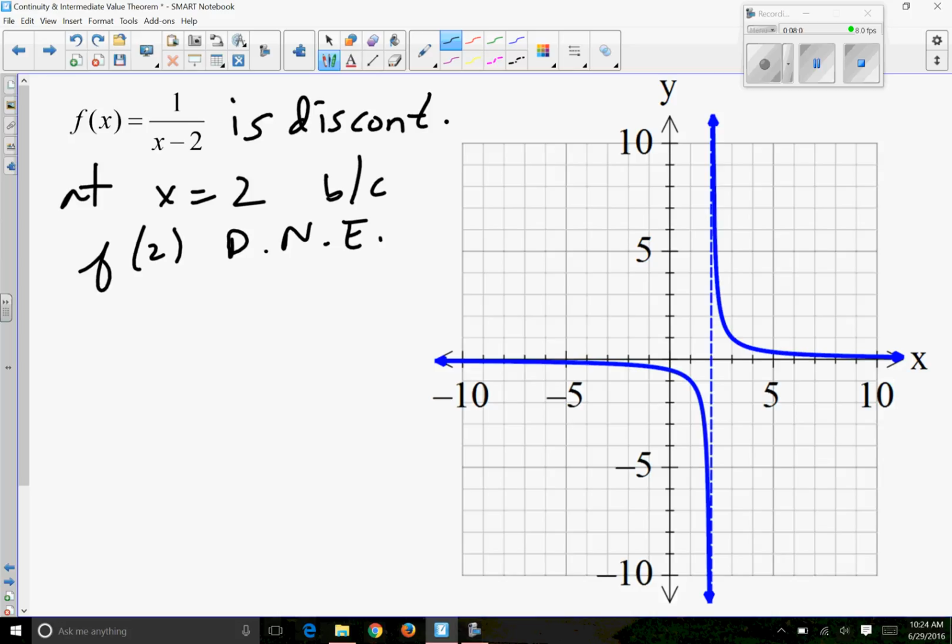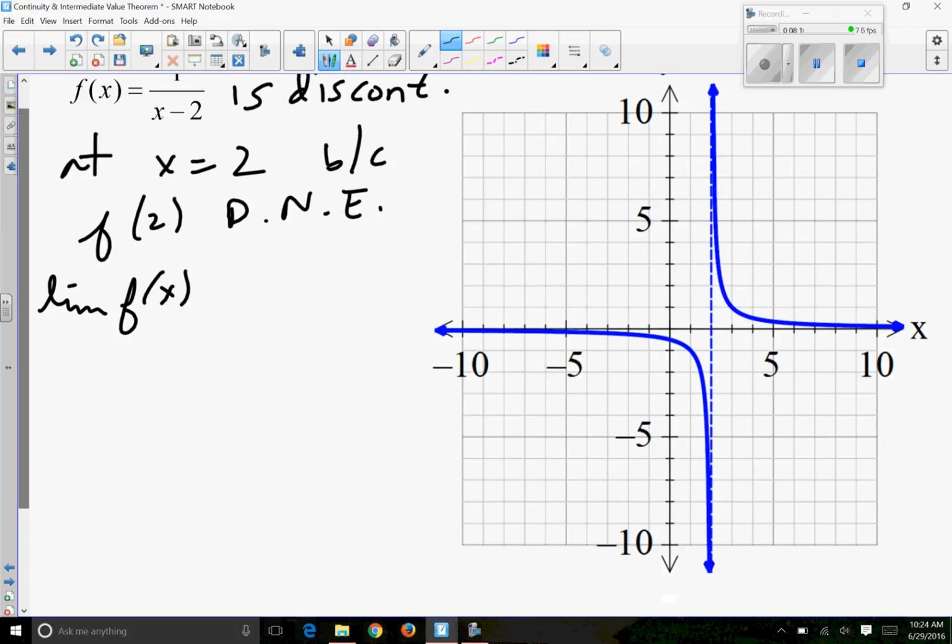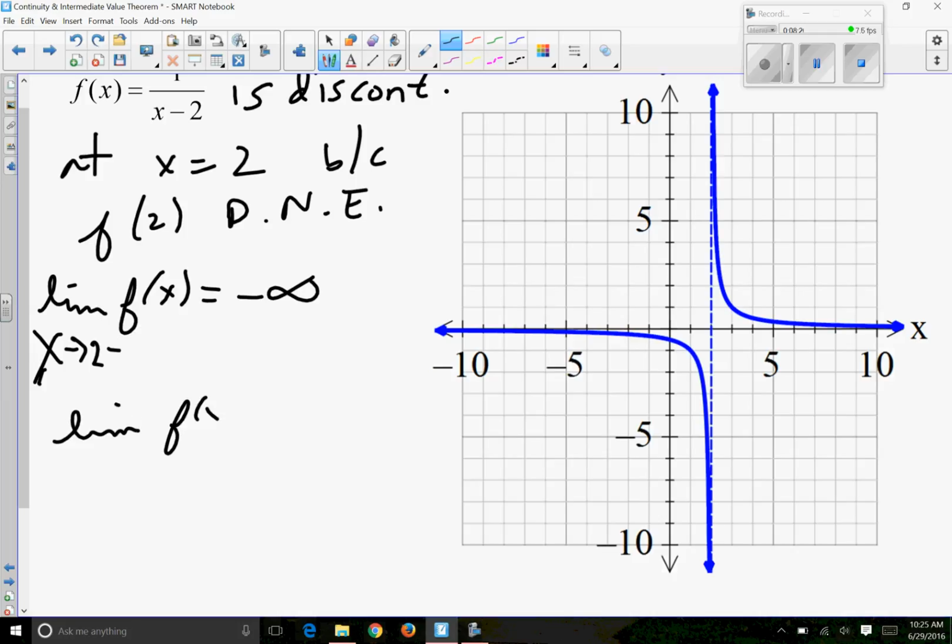It is also not possible to remove the discontinuity because the limit of this function as x approaches 2 from the left, you can see, is -infinity. And the limit of this function as x approaches 2 from the right, look over here to the right of 2, is way up here, +infinity. The discontinuity is called non-removable.